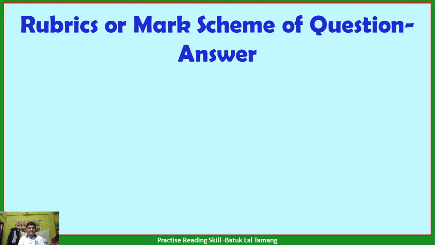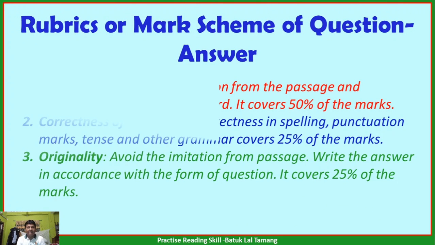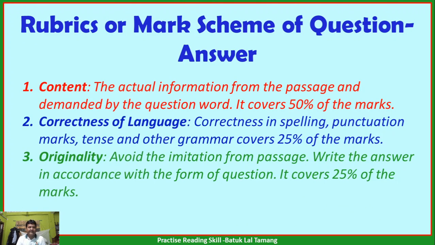Let me describe it in detail. Content means the actual information from the passage that is demanded by the question word. For example, how old were the two sisters? This is the question.